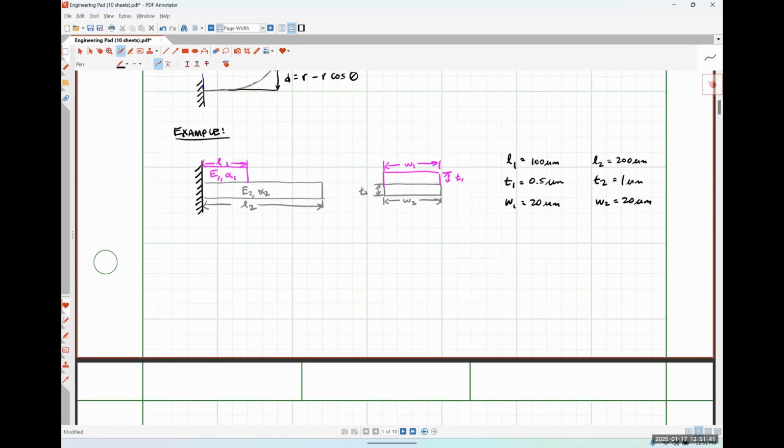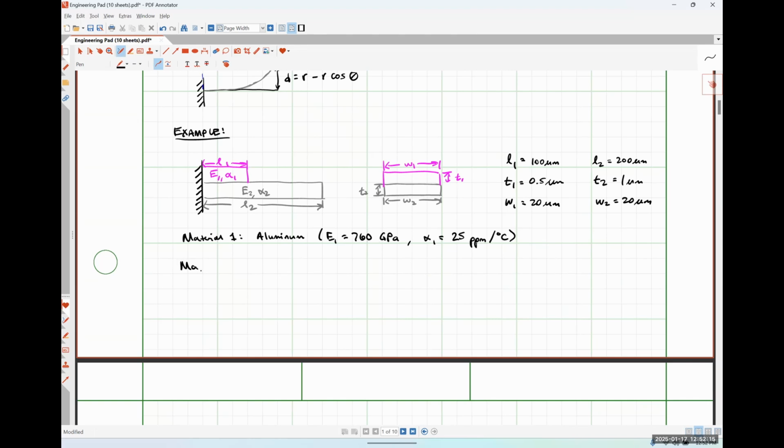Let's say that material 1 is aluminum, which has a Young's modulus of 70 gigapascals. Let me write that better. And a coefficient of thermal expansion of 25 parts per million per degrees Celsius.